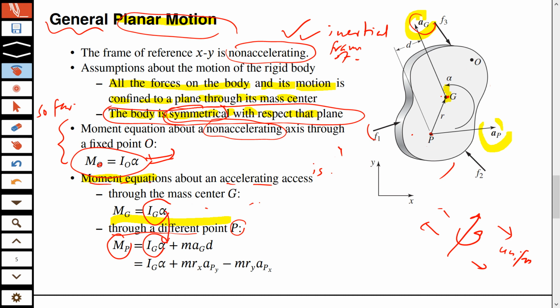You will still have this term, but you will have to add another term, and that is mass times acceleration of G. Remember, you write this when you have a linear equation, an equation of forces, okay?